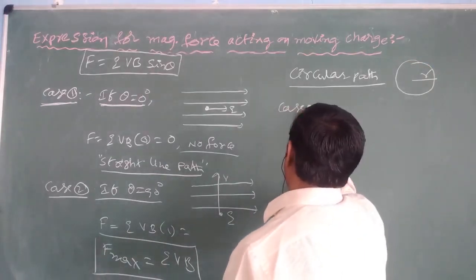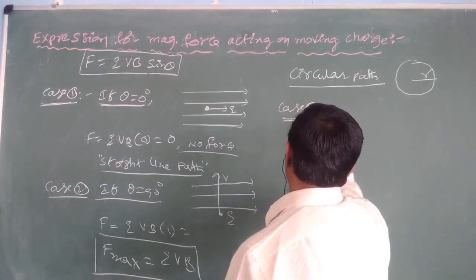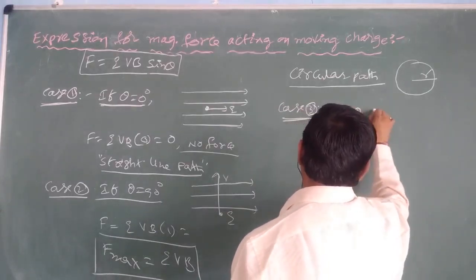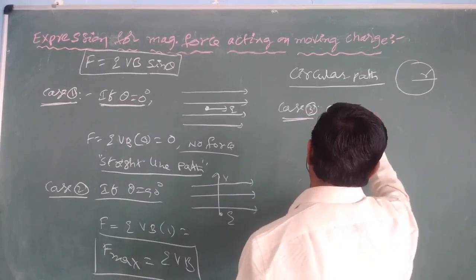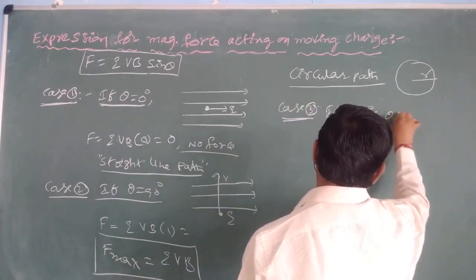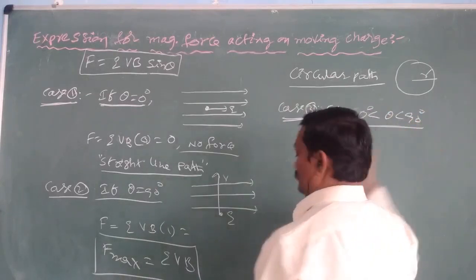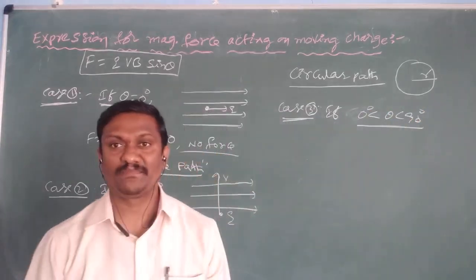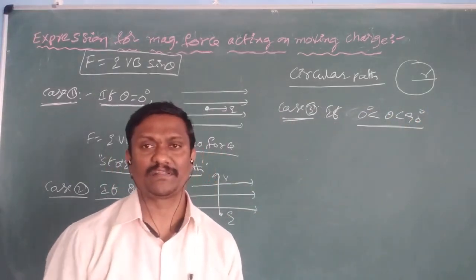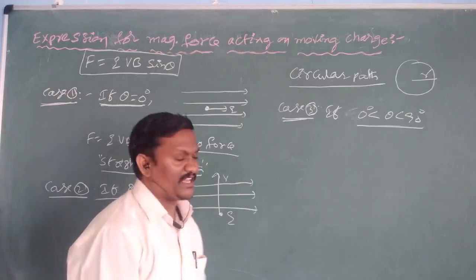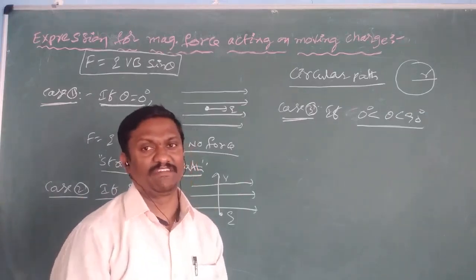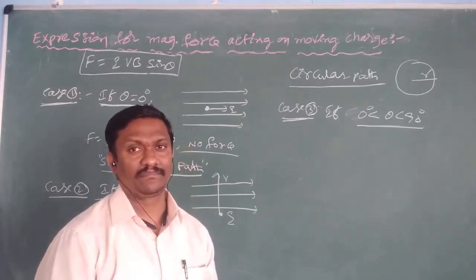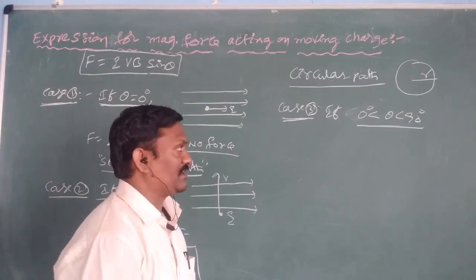Next, case 3, one more important case. If the theta value lies between 0 and 90, other than 0 and 90, then what is the nature of the path followed?